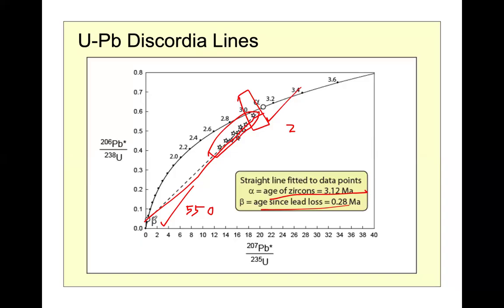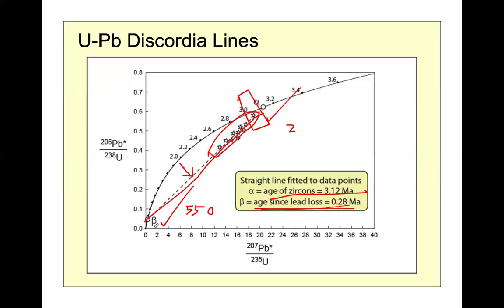So the metamorphism is the lead loss event. That lead loss event made your samples stay away from the Concordia line, right? So it's kind of automatic. It's not purposely done, but because of natural lead loss you can have this type of discordia. Okay, so the lower intercept gives you the age since lead loss.